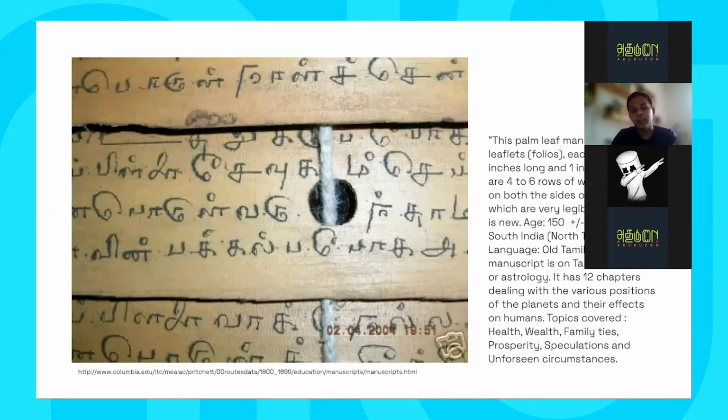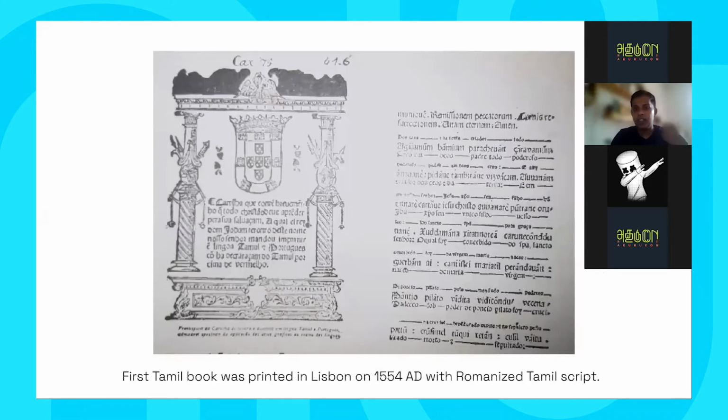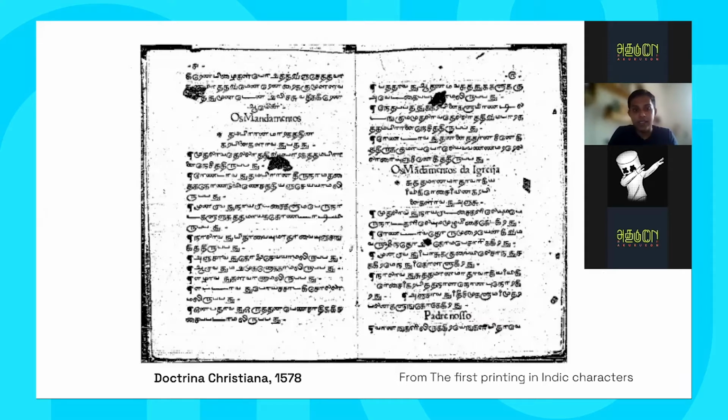And in 1554 they got a new way of writing Tamil by using the Latin script, like a transliteration, Romanized Tamil script. And in 1578 came the first ever book printed in Tamil, and you can see the letters don't even have the pulli, because again the inspiration comes from the initial palm leaf manuscripts.